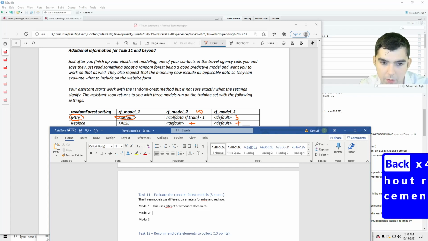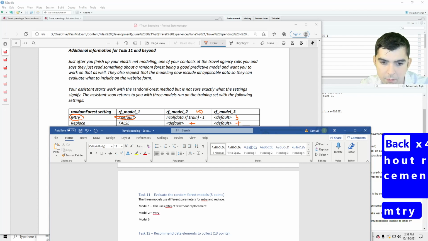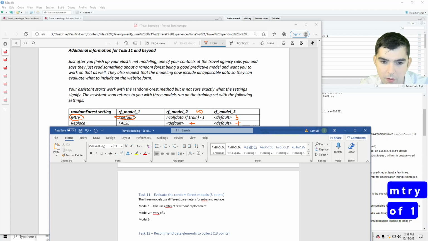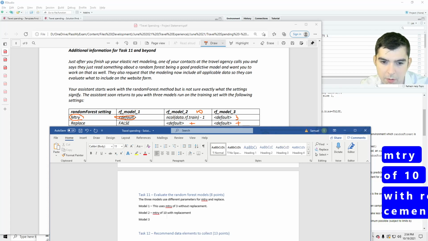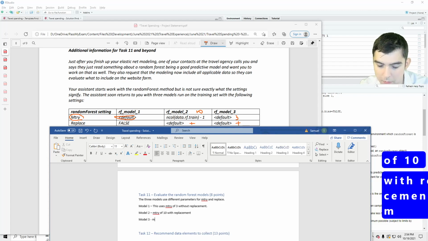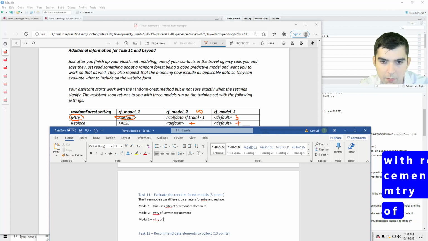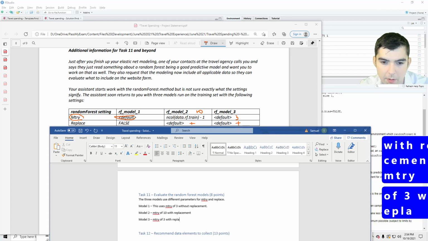And then model 2 uses an mtry of 10 with replacement. This is mtry of 3 with replacement.